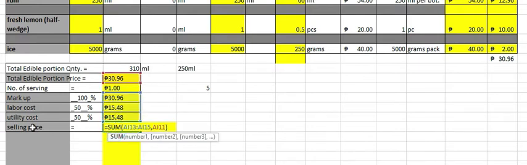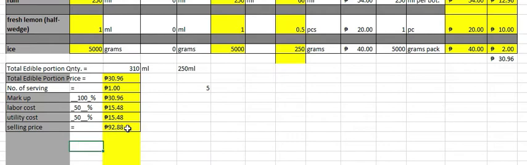To get your selling price, you need to include this. Some of you only added the markup, the additional cost, to your edible portion price. So that was marked wrong. You need to add your total edible portion price to get your selling price.